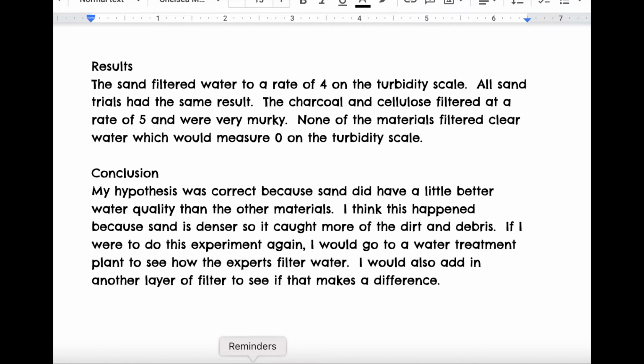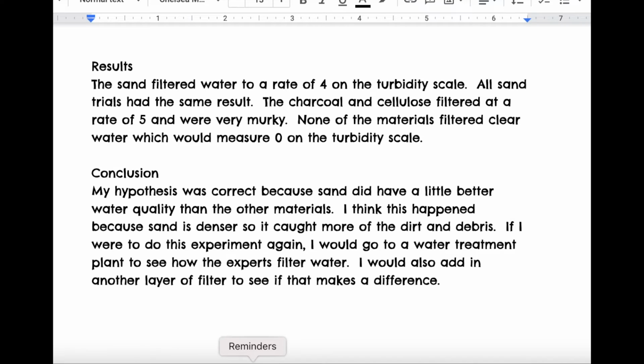Then I added in about the charcoal and the cellulose and how it filtered. Additionally, I added in that none of the materials filtered clear water, which would have measured 0. Once you have analyzed your results, then you're going to write your conclusion.